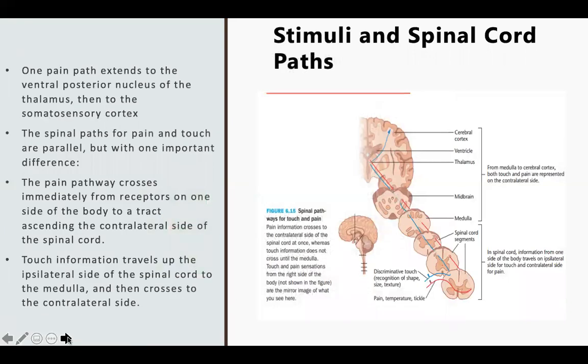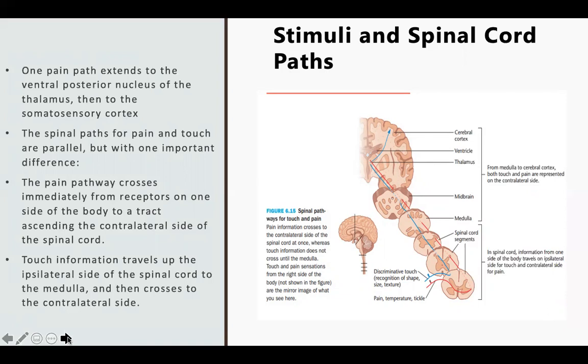And the pain-sensitive cells in the spinal cord relay information to several sites in the brain. One path extends to the ventral posterior nucleus of the thalamus, and then to the somatosensory cortex. The spinal paths for pain and touch are actually parallel, but with one important difference, as you can see in this figure.